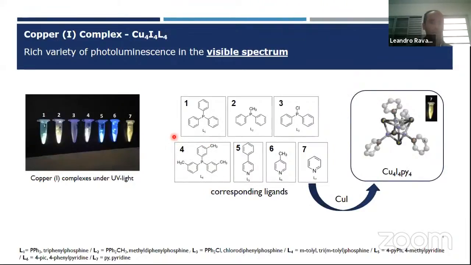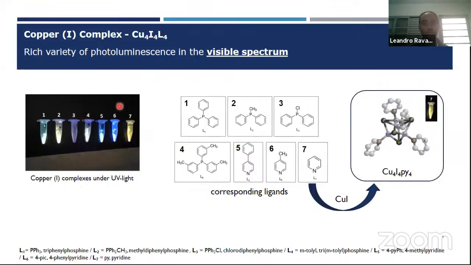Here I will present the tetranuclear copper complex, which has different emission in the visible spectrum according to each coordination ligand. Each ligand, 1 to 7 here, when combined with copper iodide, will form a complex with different emission in the visible spectrum. Here, for example, the complexes are under ultraviolet excitation, and it's possible to see different emission colors.